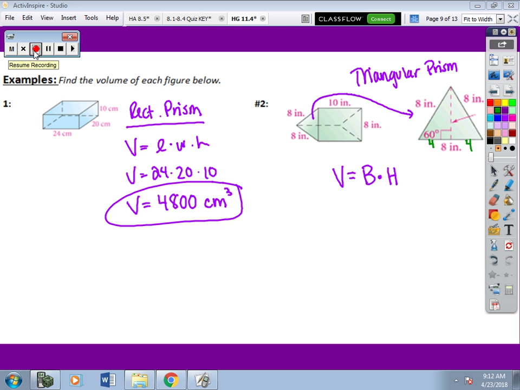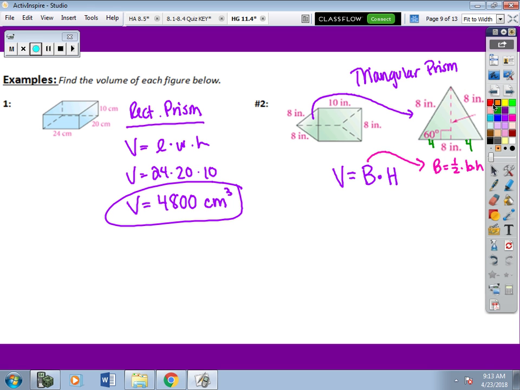So big B again is the area of the base, which will be 1/2 base times height. So you can see the base is 8. What would the height be? What would the height be using your special right triangles? 4√3.